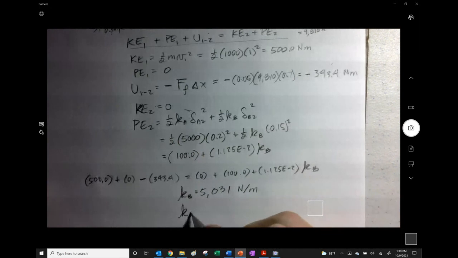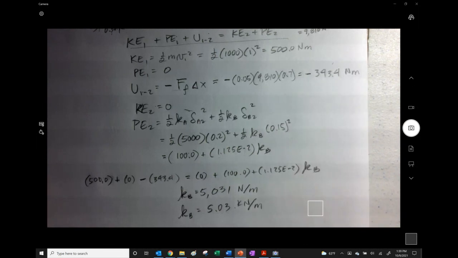And because they gave us the original one in kilonewtons per meter, it makes sense that we would tell them kilonewtons per meter. And it's slightly off. The answer that I wrote down from the original solution was 5.04 kilonewtons per meter.